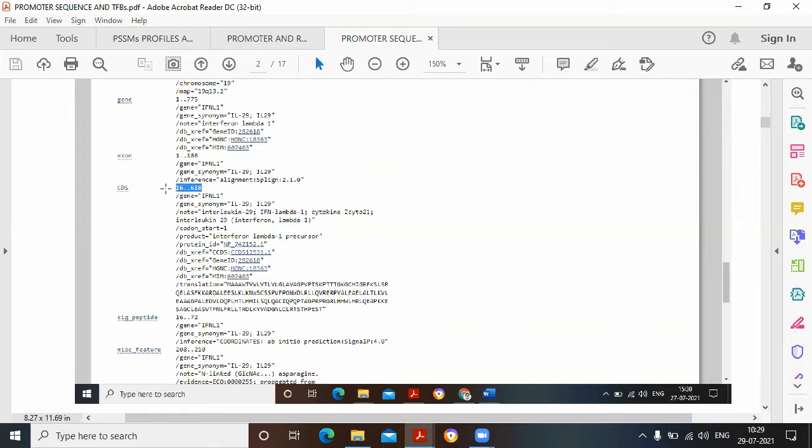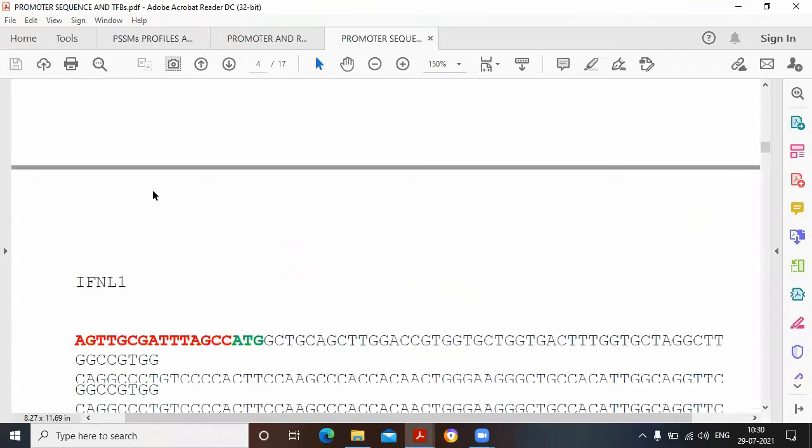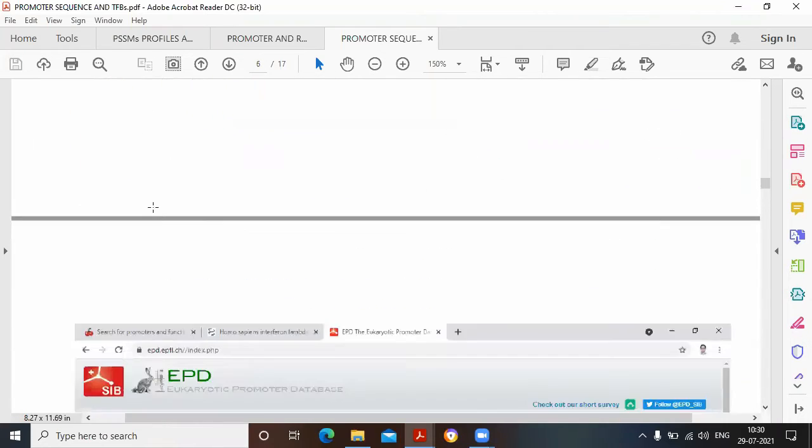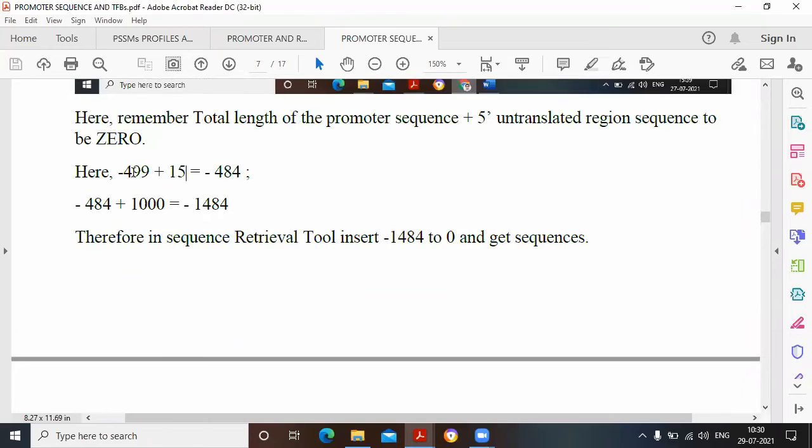That's why we add 15 here. So -499 plus 15 gives -484.